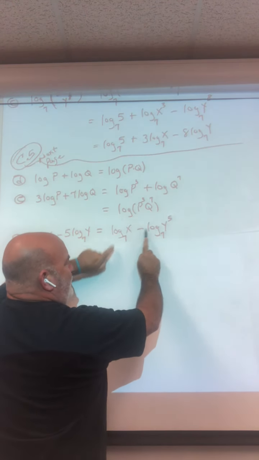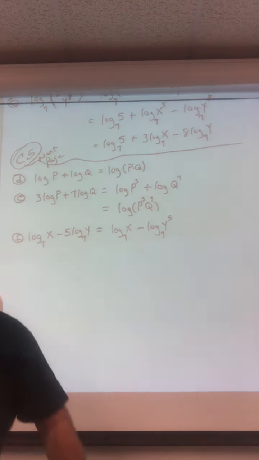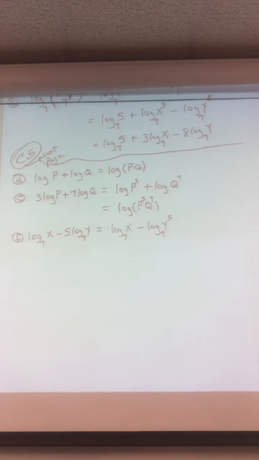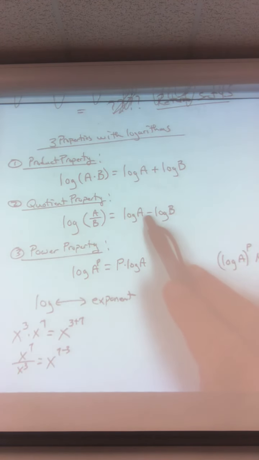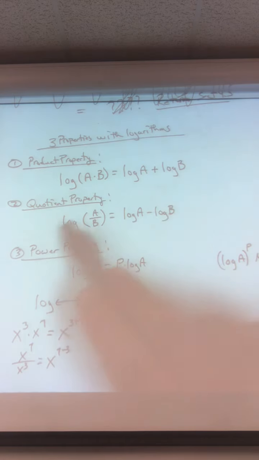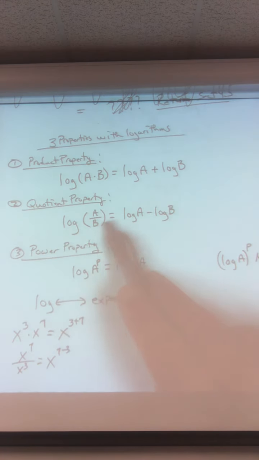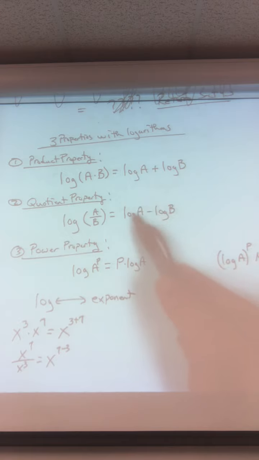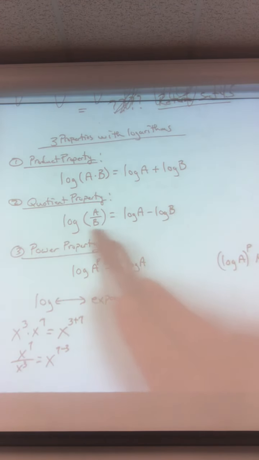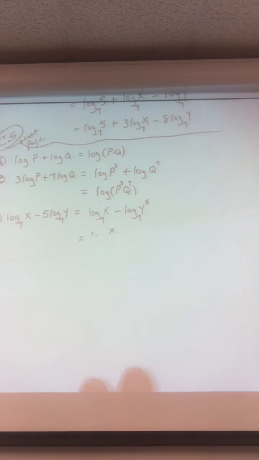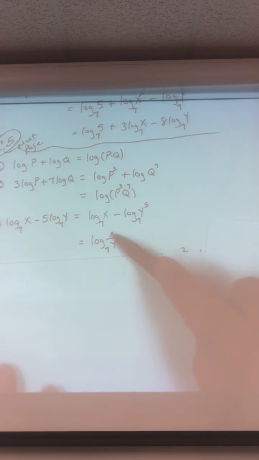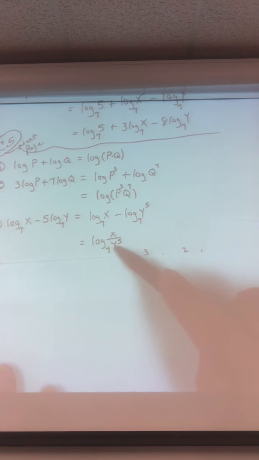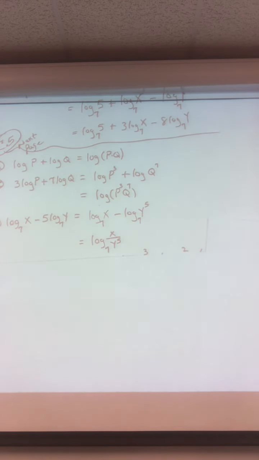When I am subtracting 2 logs and I put it back together, I put the log of the first one, that argument, on top, and the argument for here goes on bottom. So when I put this together, it'll be the log, x has to go on top, y^5 goes on bottom, but still base 7.